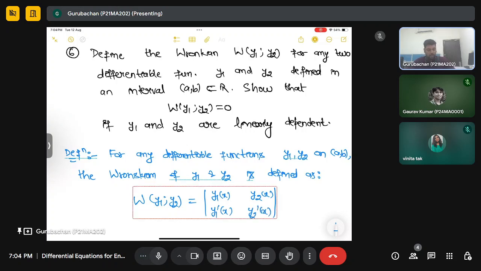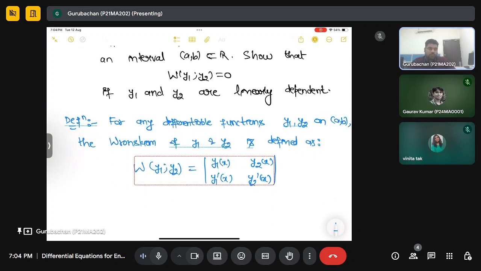Okay. So this is the definition of this Wronskian for any differentiable functions y1 and y2 on the interval AB.